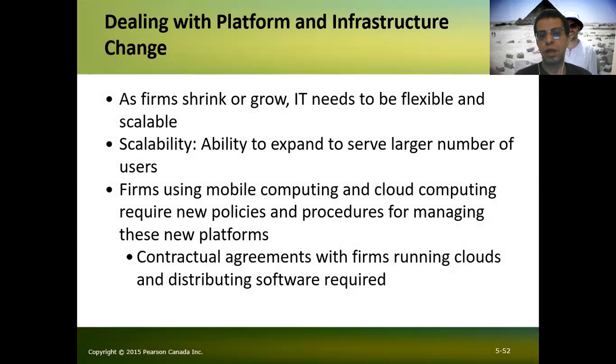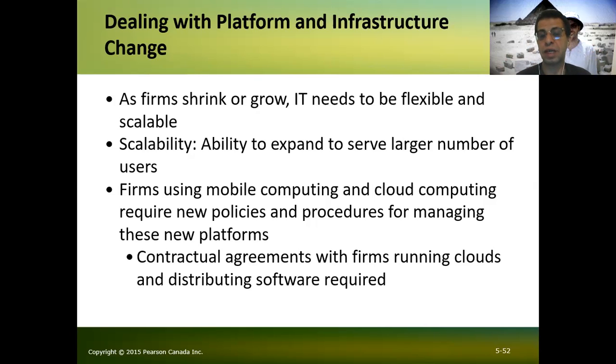So in dealing with the platform and infrastructure changes, as a firm shrinks or grows, the IT needs to be flexible and scalable. One of the things that we faced during Corona was that lots of companies had what you call flexible, but not that flexible. So they had to go through upgrading and benchmarking to see whether their application could manage that many users.